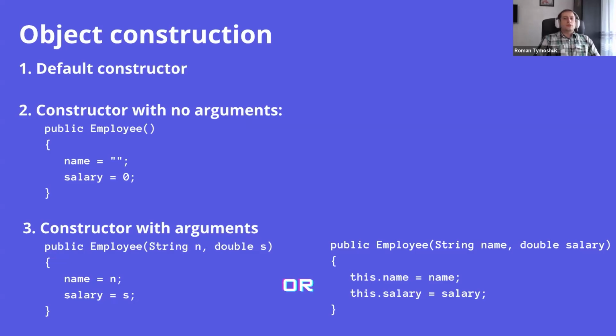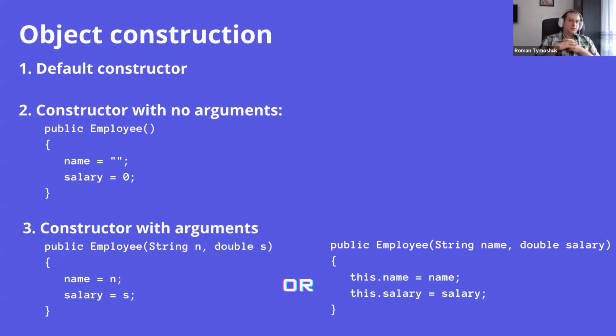It's also quite recommended to provide your own. For example, as we can see here, public Employee. We are defining a name and salary. We probably have the same structure as with Circle. We have a class Employee with two fields, name and salary. So we do not keep everything as null or zeros.